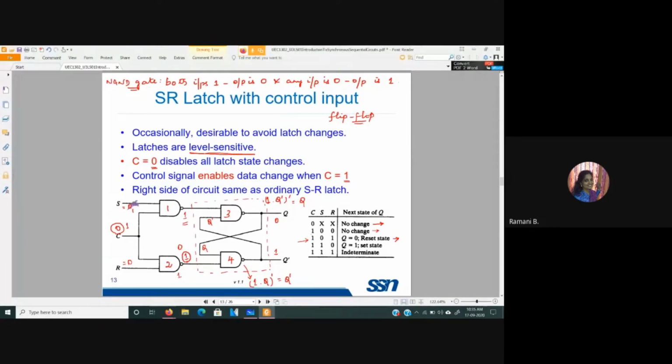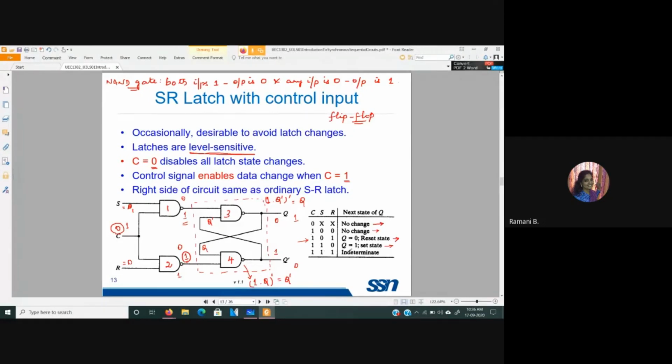And for the first NAND gate, as both the inputs are 1, your output is going to be 0. So for the third NAND gate, one of the inputs is 0, so Q will be equal to 1. Now this Q is fed over here, and 1 with 1 will give me Q bar equal to 0. So that corresponds to the set condition.